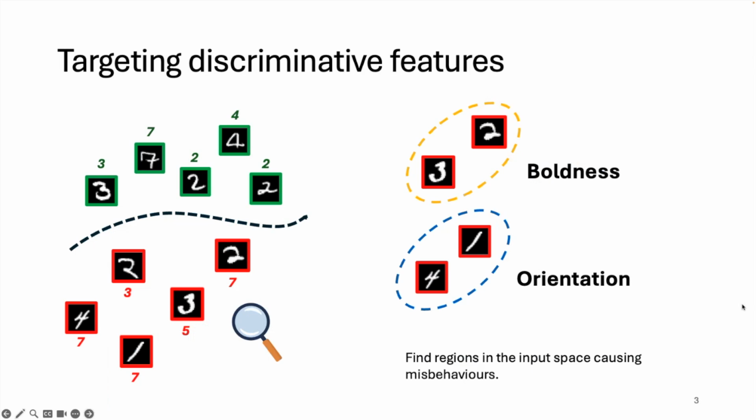In particular, we are interested in targeting the regions that expose faults in a system, with specific inputs causing misbehaviors. And we are interested in finding some patterns, some features that are shared by some specific regions of the input space. For example, in this application taken from recognition of handwritten digits, we identified two regions of inputs exposing a fault, in which the inputs are characterized by sharing the same orientation or some degree of boldness.